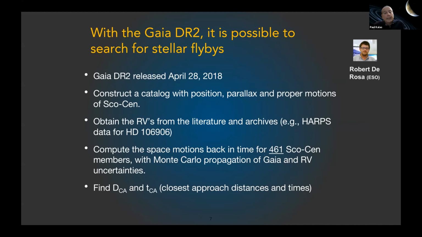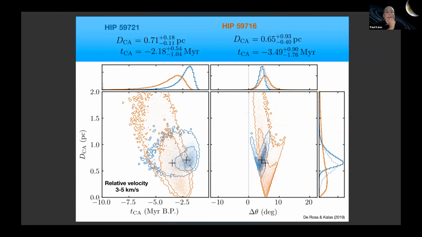By using the Gaia catalog and radial velocities from the literature, we calculated the closest approach times and distances. And we did in fact find a close approach of two stars, which are themselves a binary. This closest approach happened 2 to 3 million years ago, and the closest approach distance is roughly 0.7 parsec.